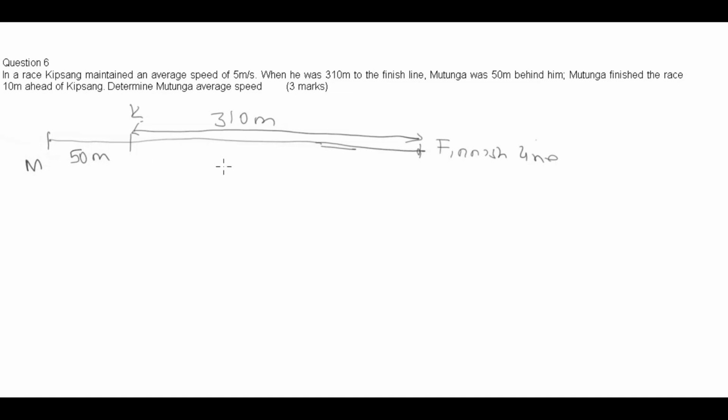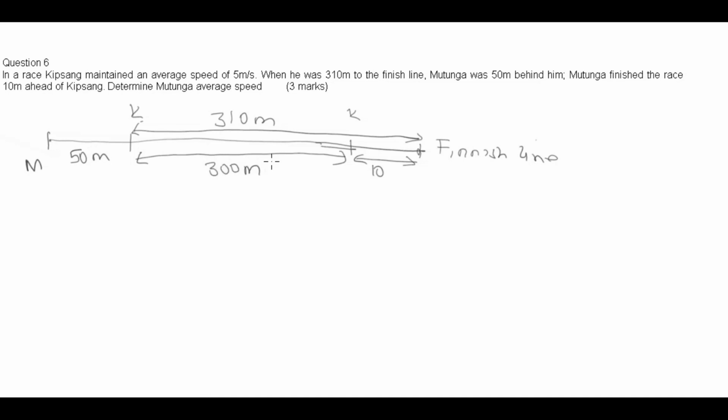But we're told Mutunga finished 10 meters ahead of Kcse. Maybe Kcse is here, and if Mutunga finished 10 meters ahead of Kcse, from here to here is 300 meters.